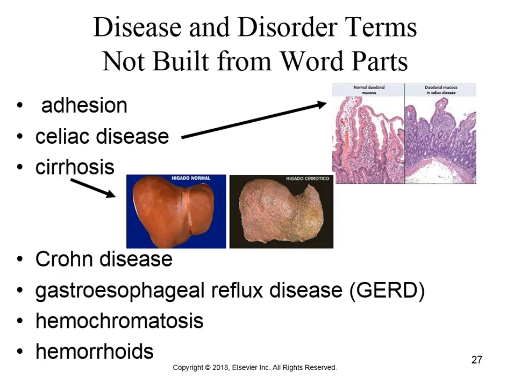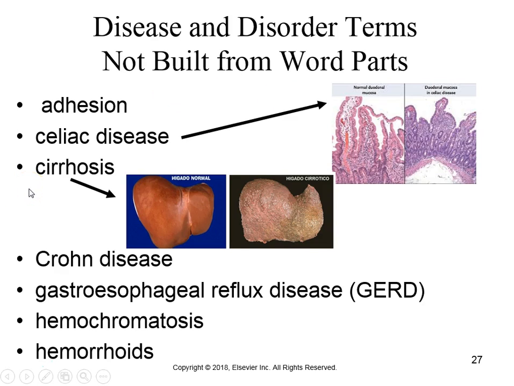You can kind of see in the picture there to the right with the arrow. On the left is what a normal small intestine portion would look like, and then on the right you can see what that looks like with celiac disease, which is why they need to limit intake of the gluten to prevent a lot of these side effects.